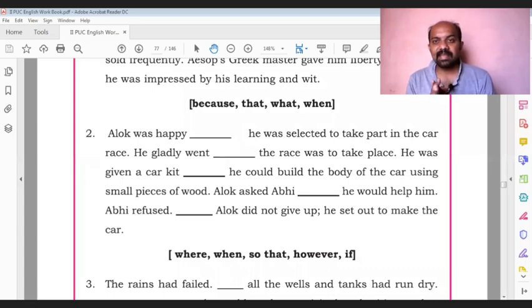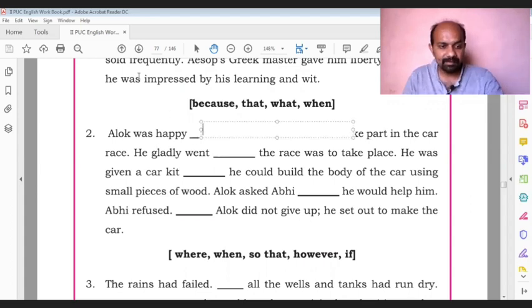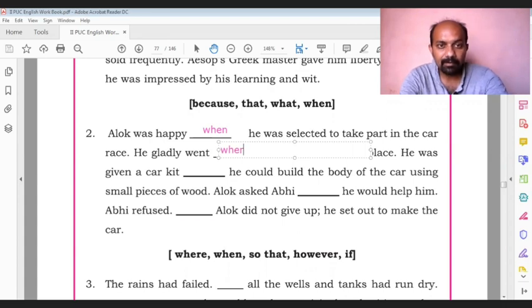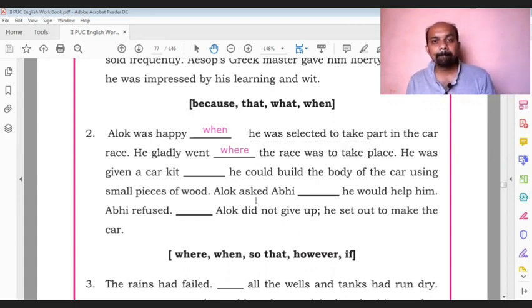Let us look at the second paragraph. Alok was happy when he was selected to take part in the car race. Here, when suggests time. He gladly went where the race was to take place.